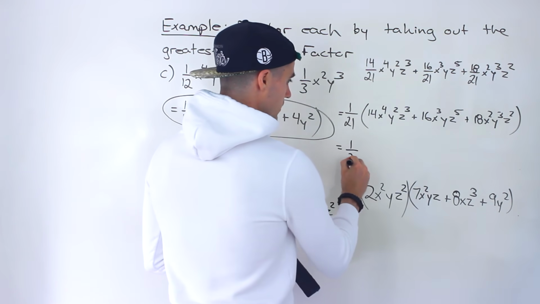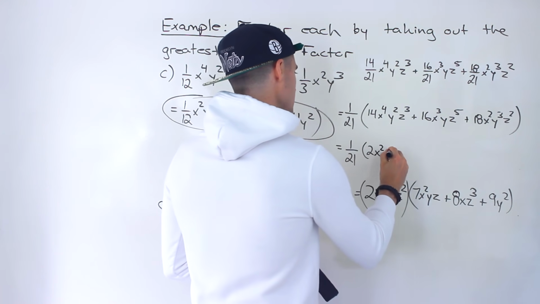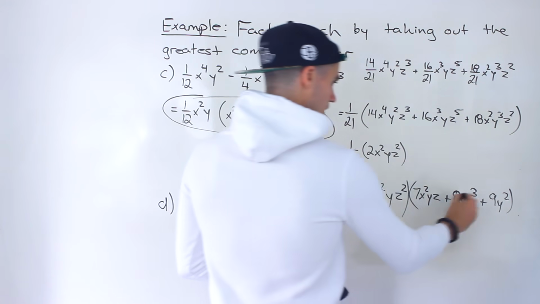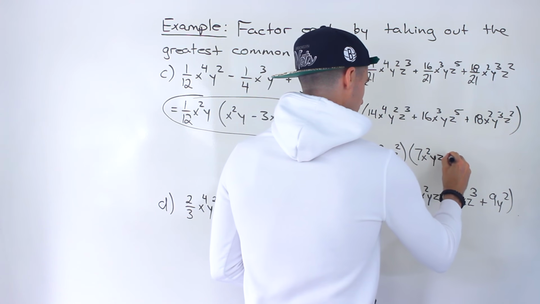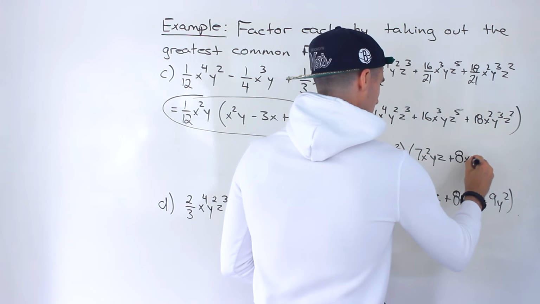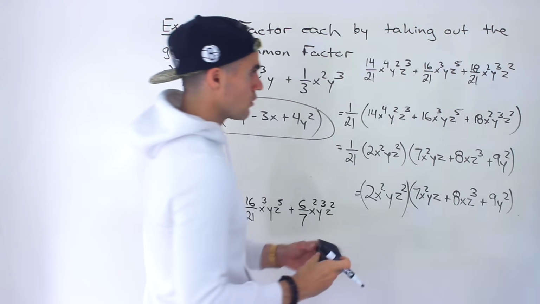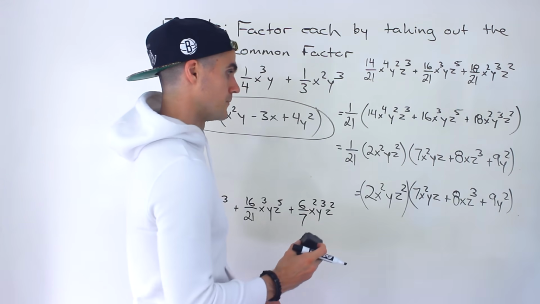1 over 21, 2x squared y z squared, and then this over here. Right, so this bracket converts to those two brackets right there.